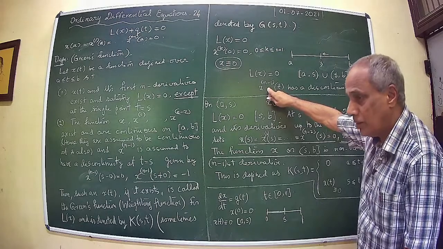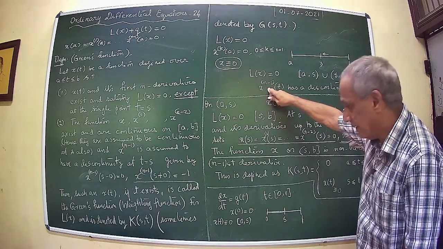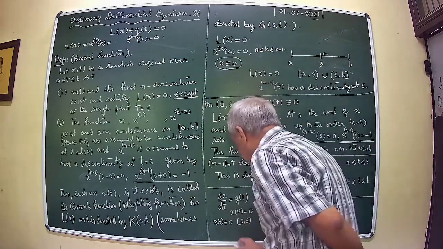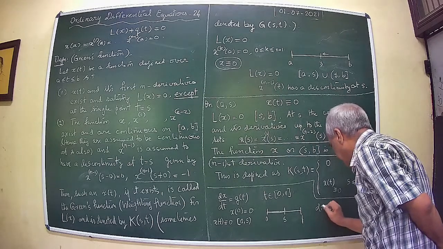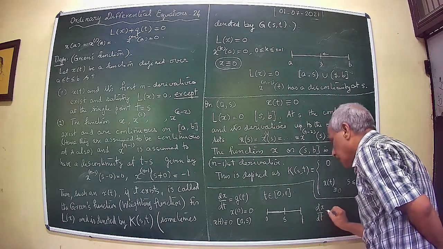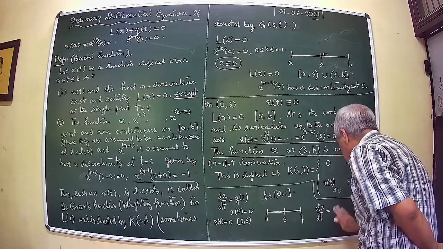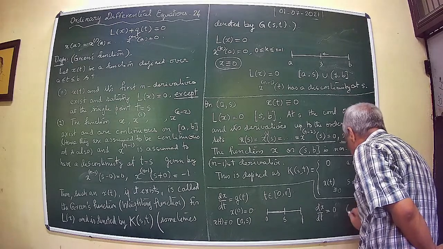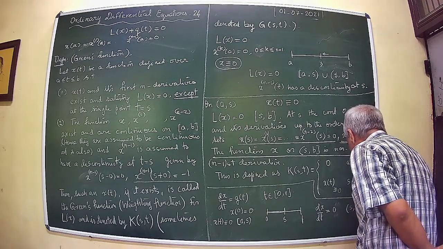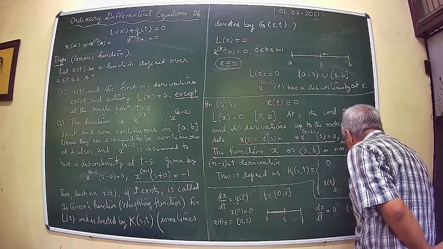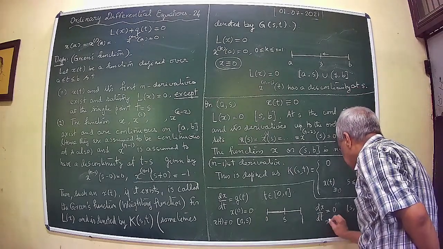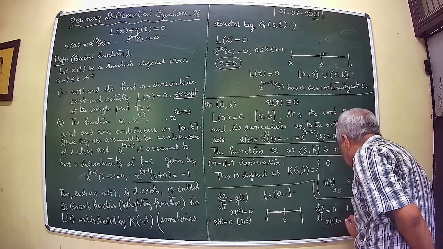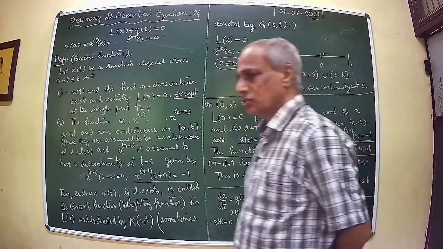Therefore, you are talking about the 0th derivative. That means the function is going to have a discontinuity. So we have to solve this problem: dx by dt equal to 0 on the interval s to 1, with the condition that x at s is taken as minus 1. So let us solve this problem.